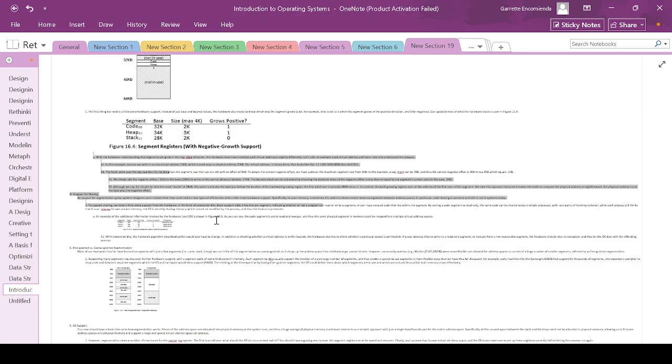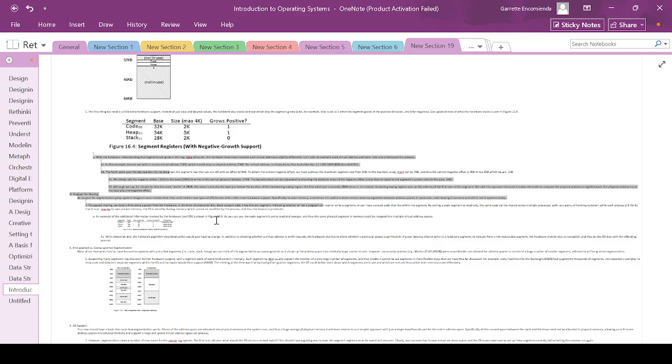So the bounds check can be calculated by ensuring the absolute value of the negative offset is less than or equal to the segment's current size. So the bounds are checked using the size again, making sure it is less than or equal inside the code to check if it's still in bounds.